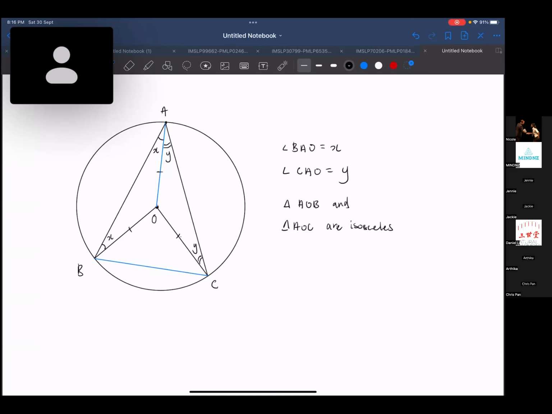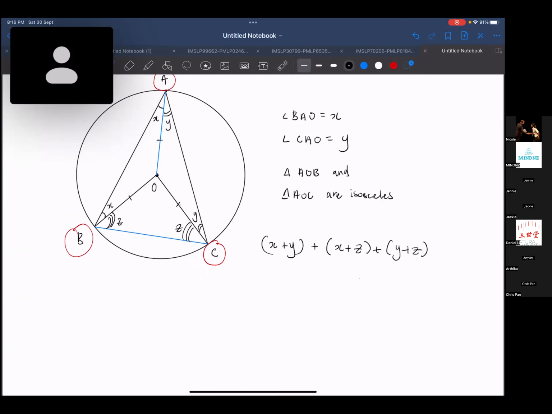So what that means is that x plus y, which would be a, plus z, which would be b, let's just call this z for now, plus y plus z, which would be c, equals 180 degrees, right?